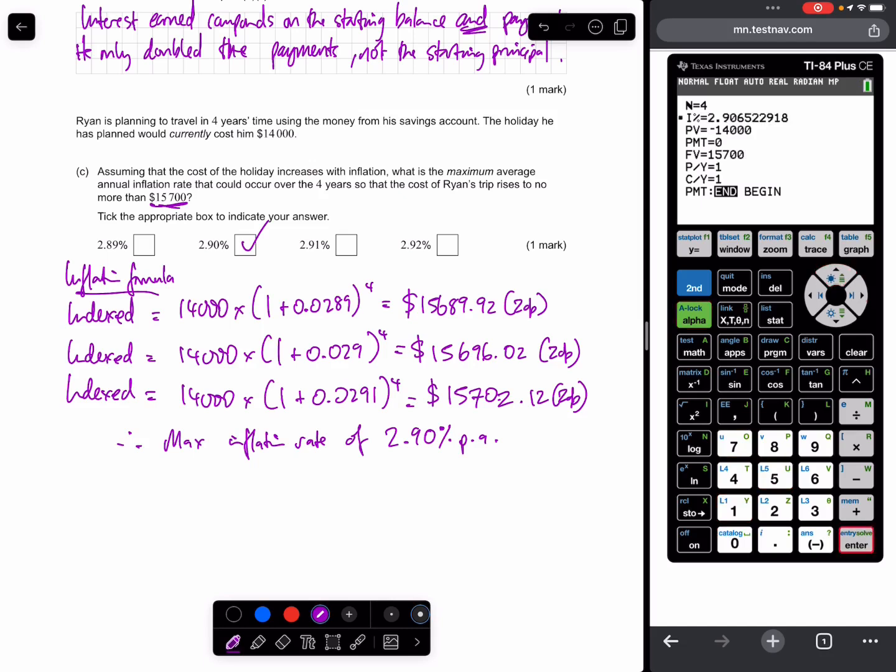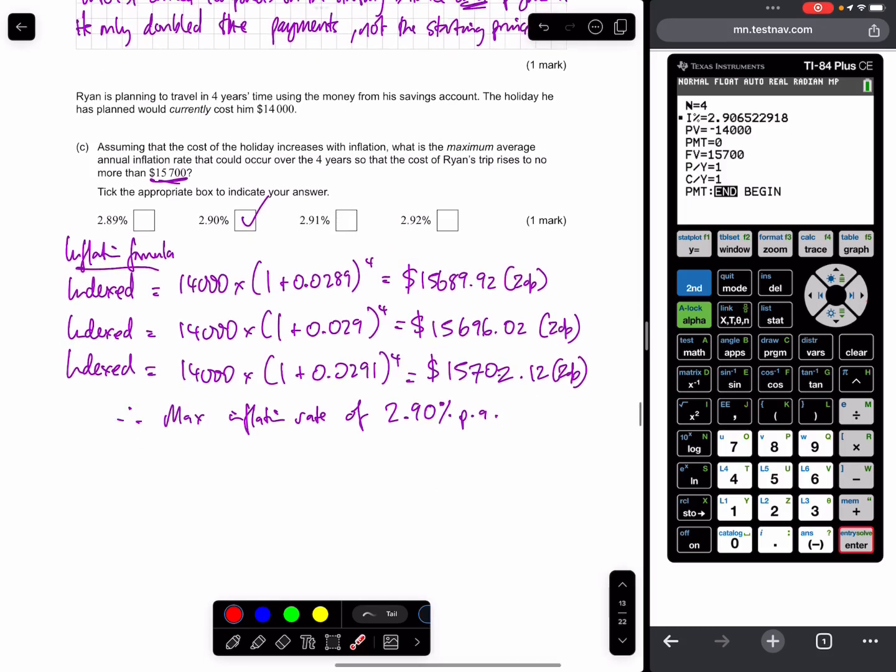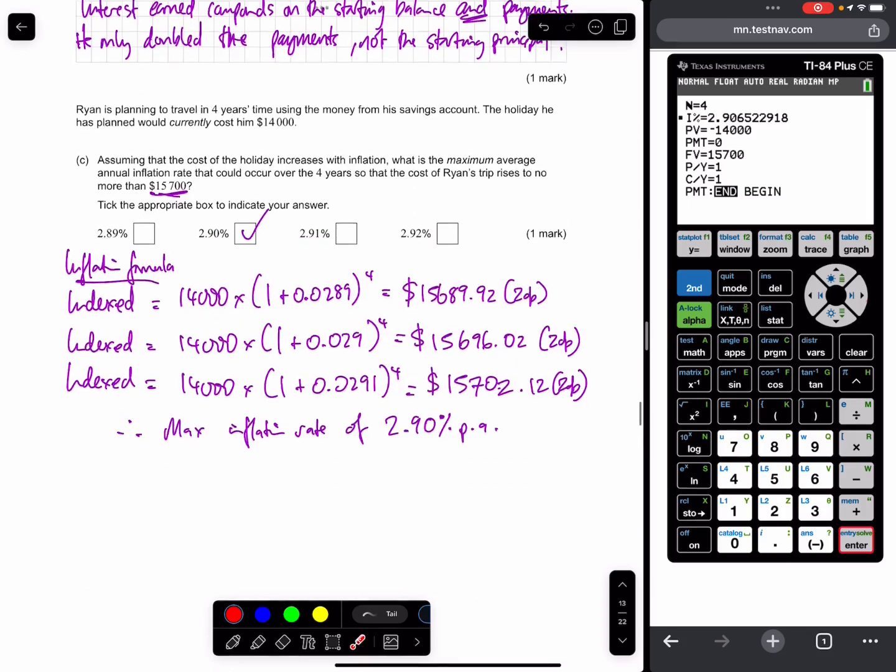The line is 2.906. If we go beyond 2.906, which is 2.91, it's going to be higher. 2.90 is just below the 2.906 that we've got in the graphics calculator. So yeah, you could do it with TVM Solver as well. I just chose to do it this way. You get the same answer anyway. Okay, now that is page 13 down.